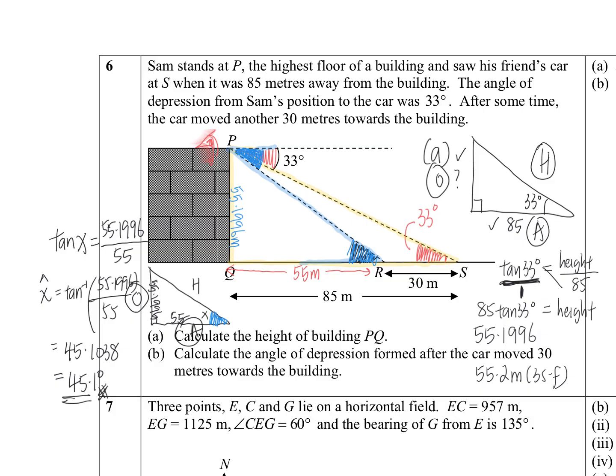Okay, so imagine they say I were to let a building be fixed at point C. Calculate the angle of elevation from E. So if I were to have a building standing here, where got point E?